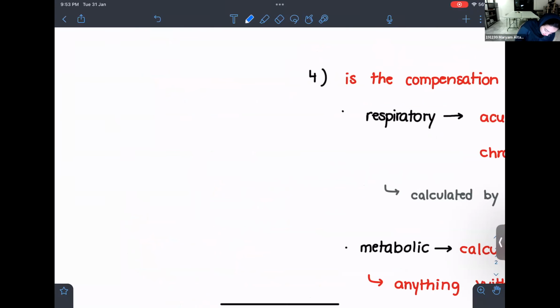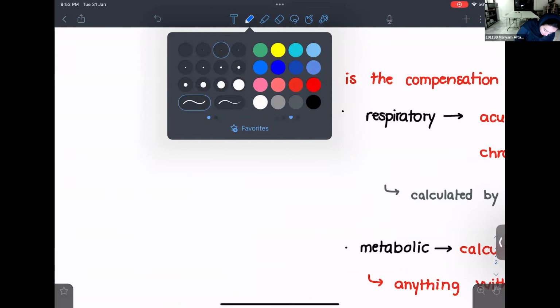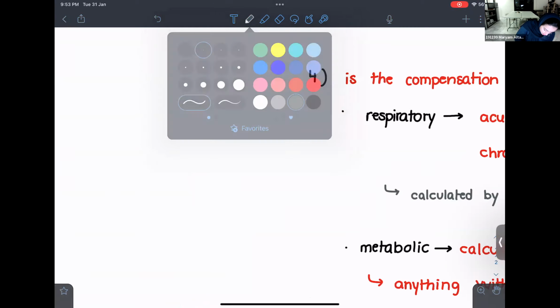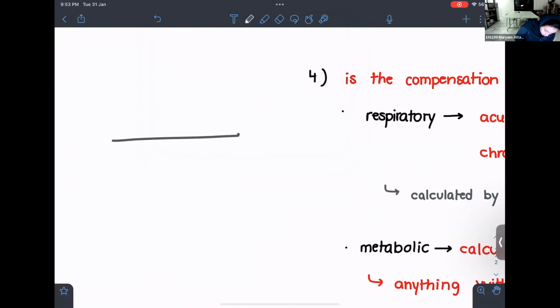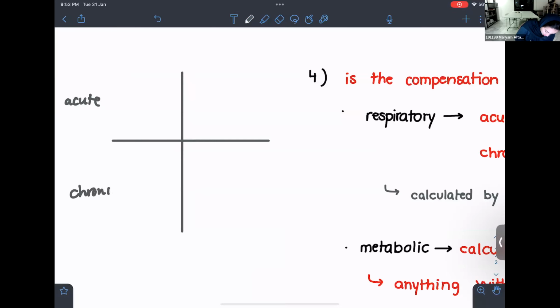The trick that the doctor gave you will probably be more helpful than remembering the other stuff. So here you have acute, here you have chronic, here is acid, and I'm just going to write alk. Here you have 1, here you have 3, here you have 2, here you have 4 to 4.5.